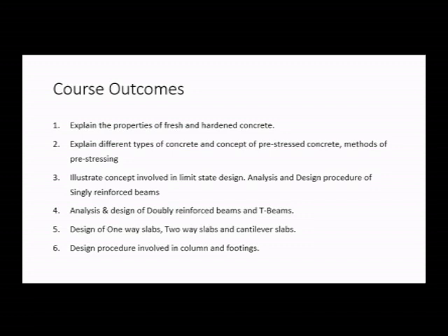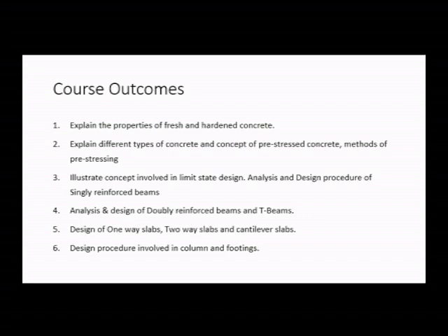The third outcome is you will be able to illustrate the concepts involved in limit state design, and the analysis and design procedure of singly reinforced beams. The fourth outcome is you will be able to analyze and design doubly reinforced beams and T-beams also. The fifth outcome is design of one-way slab, two-way slab and cantilever slab.